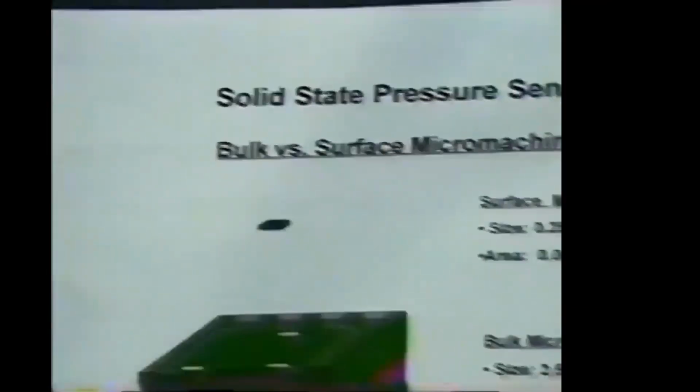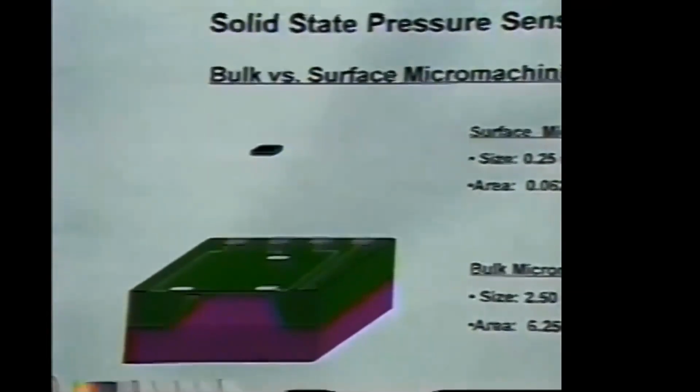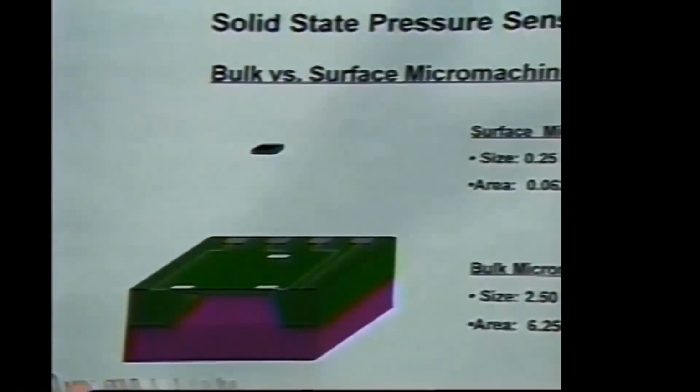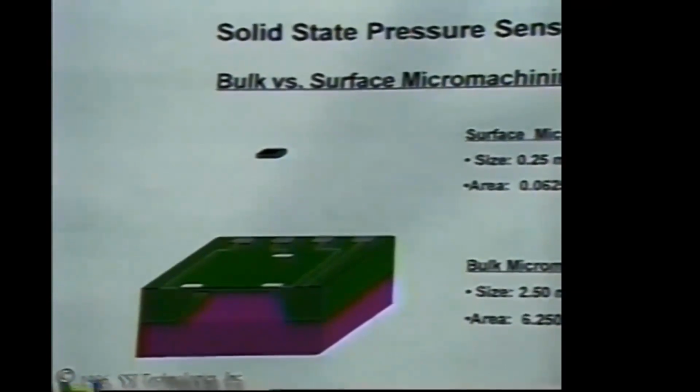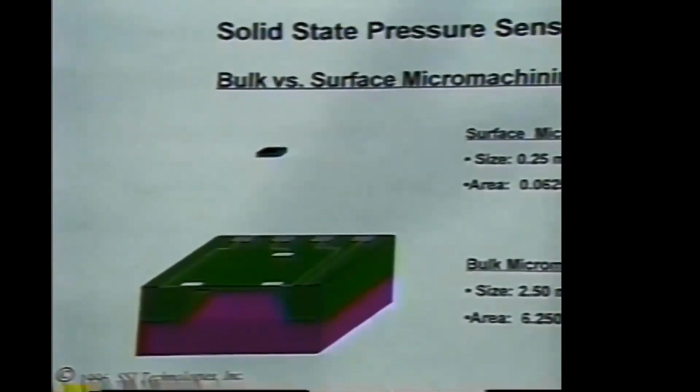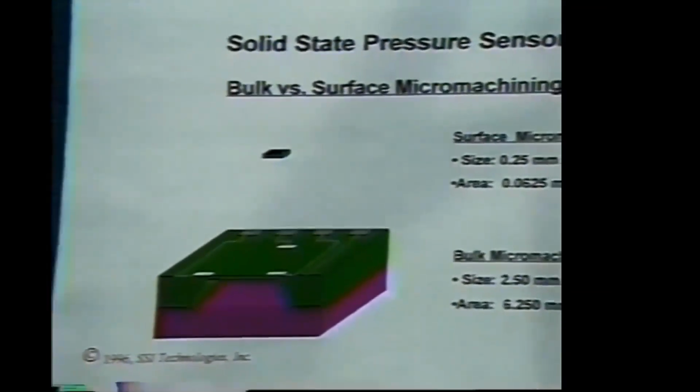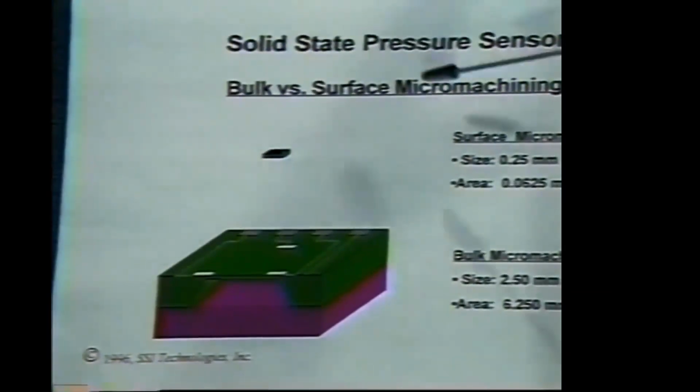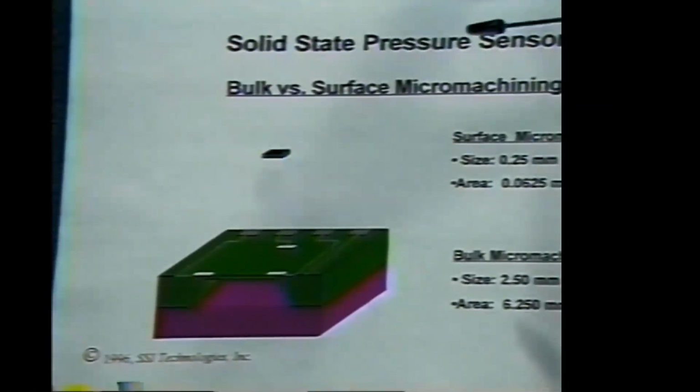Now, for those of you who are unfamiliar with the differences between surface and bulk micromachining, I have here in cartoon fashion a comparison between a bulk micromachine sensing element and a surface micromachine sensing element like the one that I just showed you. The key point to get from this transparency is the difference in size.